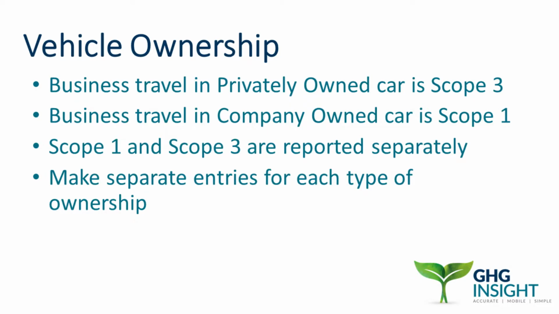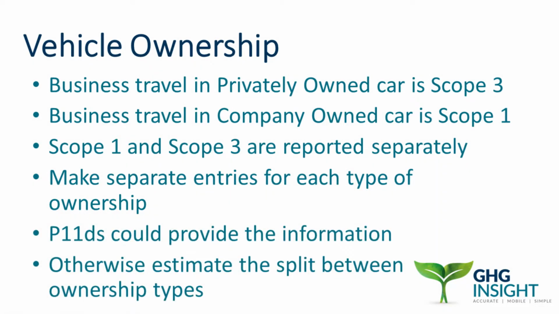Now, this is important, as the breakdown is necessary for both management and statutory reporting, which may mean that 2 separate entries for the same month may be needed, one for company-owned vehicles and one for privately owned vehicles.